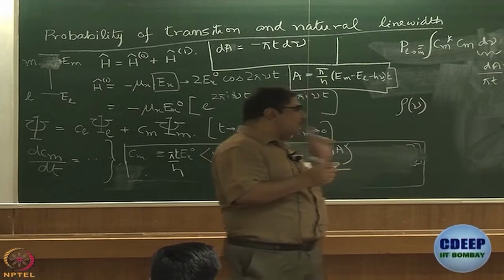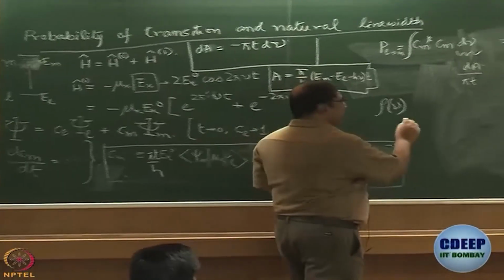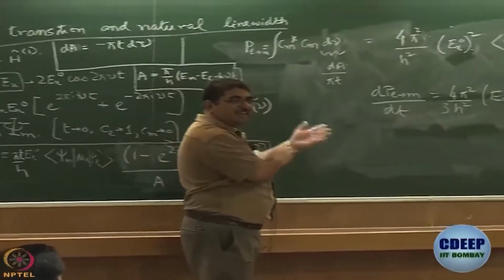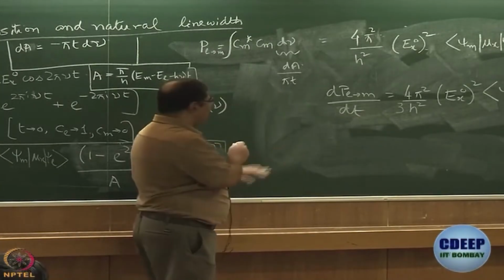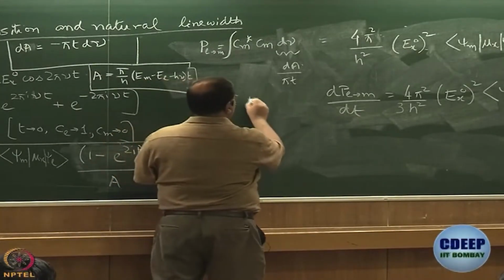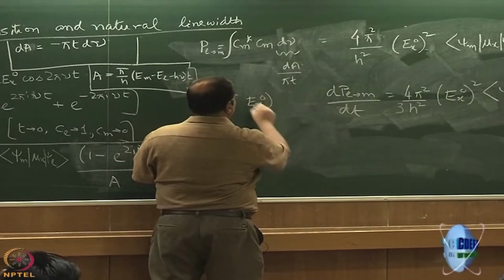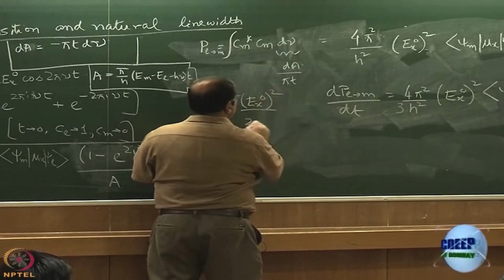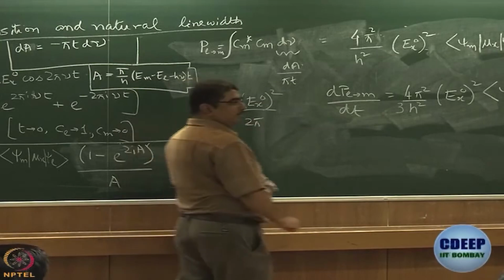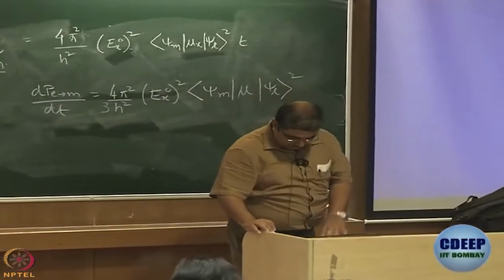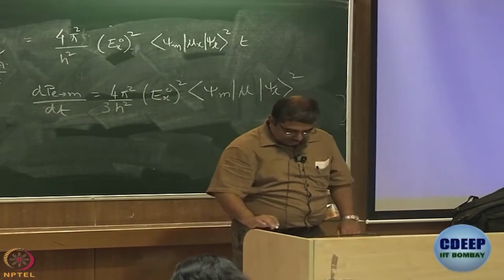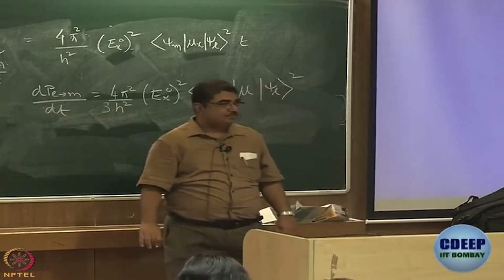Rho of nu is something that is more familiar, and now you just have to believe me that in the system that we are using here, it is equal to Ex0 square divided by 2 pi. Of course, in the exam, I have to give it to you. I cannot just expect you to remember this.